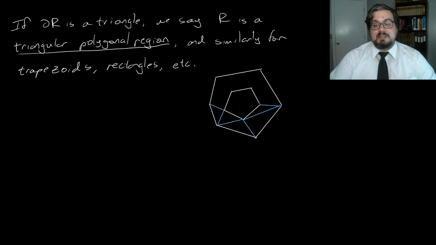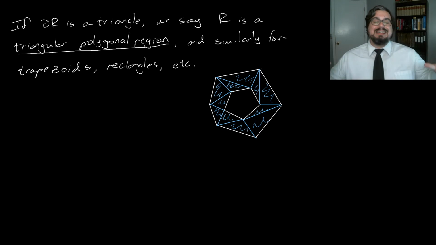Because we can split this region up into a bunch of triangles, we can see that this sort of donut shape is a polygonal region, but in this case its boundary consists of both the outside polygon, which looks to be a hexagon, and the inside polygon, which is a pentagon.